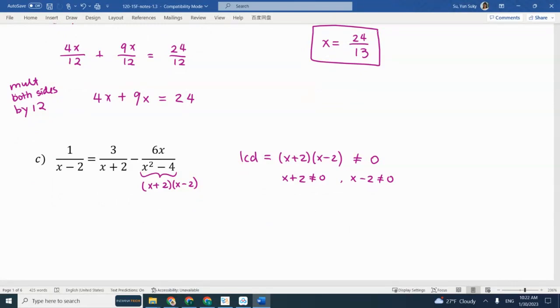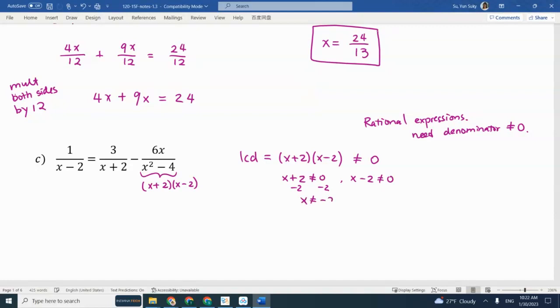Okay, so when you work with rational expressions, you must look at the domain. Rational expressions need the denominator not equal to 0. We gotta check that. So, and then here we subtract 2 on both sides.